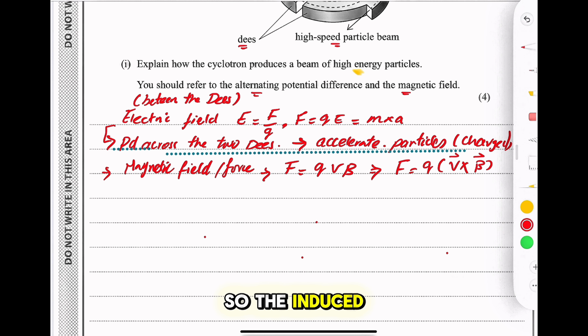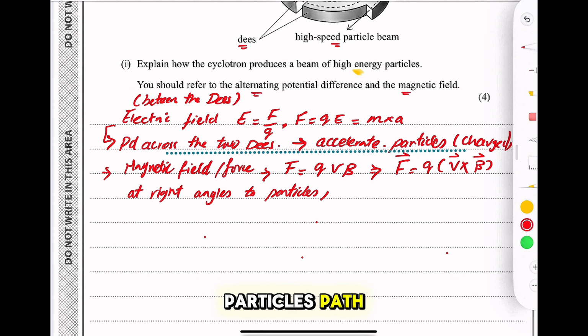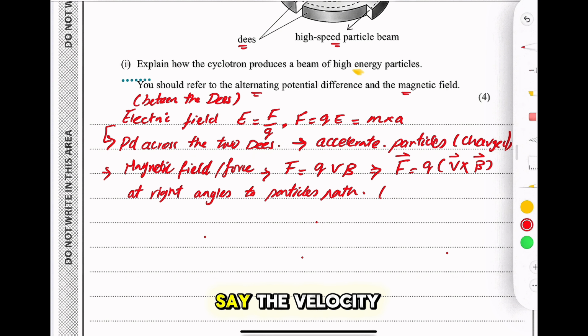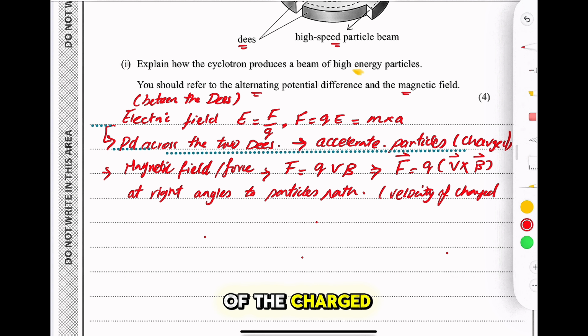So the induced electromagnetic force must be a vector quantity, and as it is the product of the cross product, it is also perpendicular to the velocity and the external magnetic field. So this magnetic force is at right angles to the particle's path, or you might say the velocity of the charged particle.